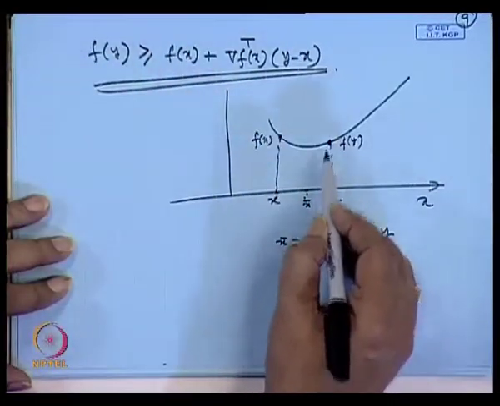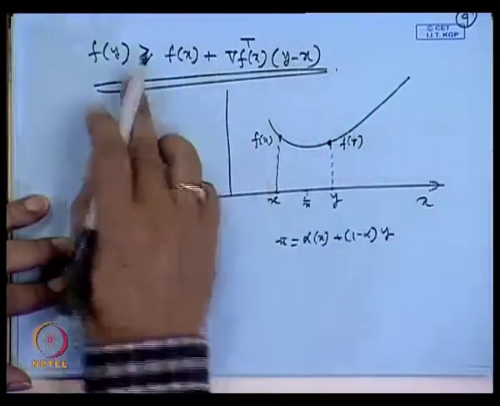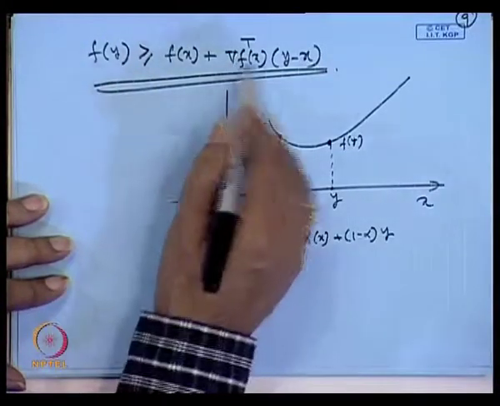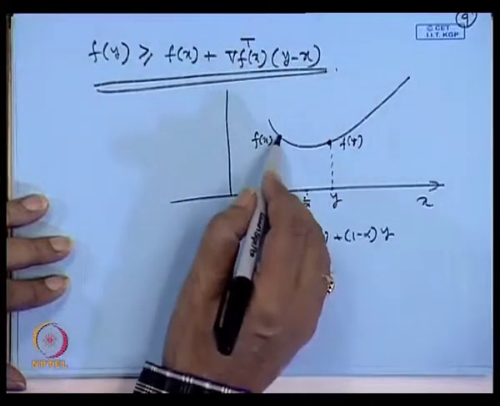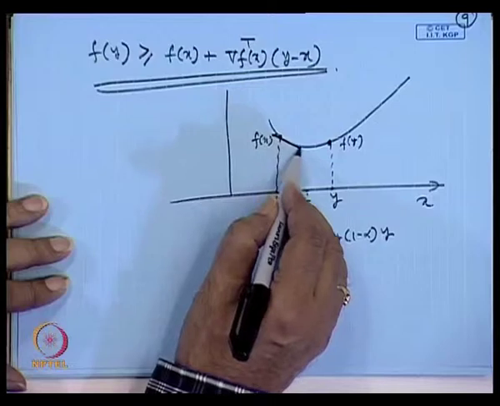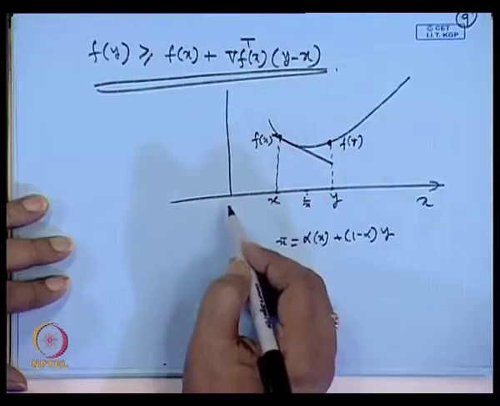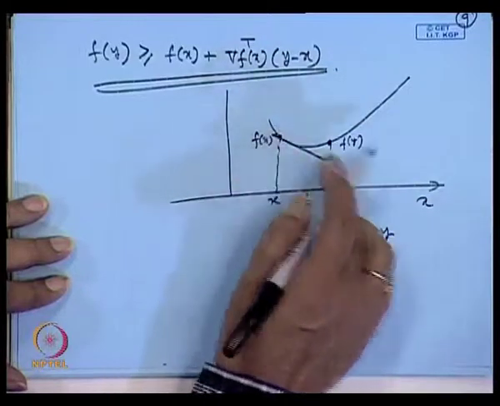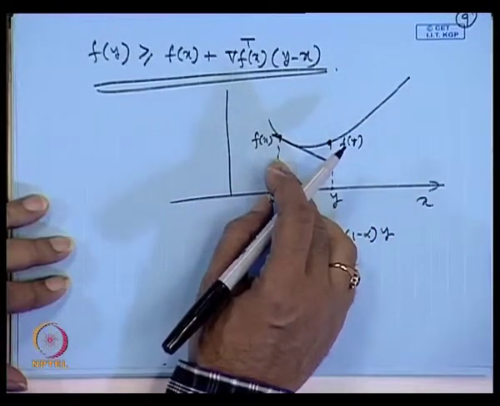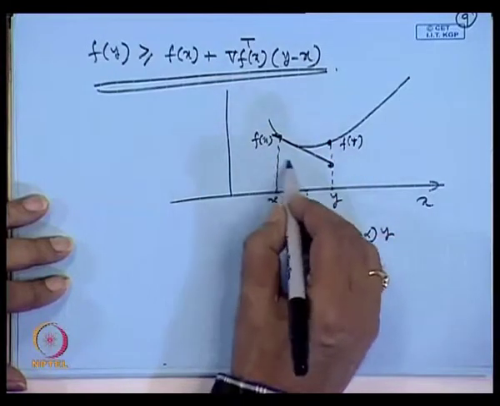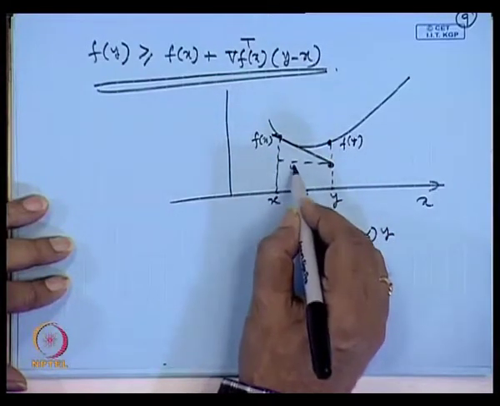F of y, the function value, is always greater than the function value here plus this quantity. And what is this? This is the gradient at this point. For the scalar case it is nothing but the slope at this point, multiplied by the change, that is y minus x.